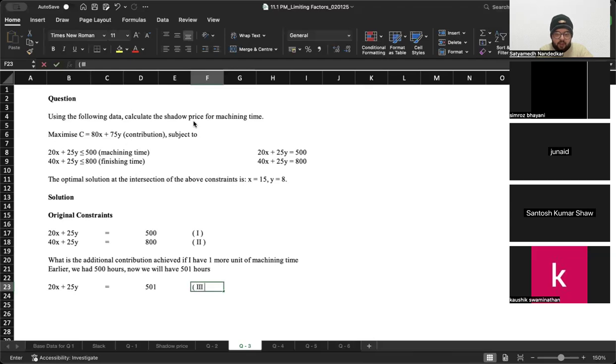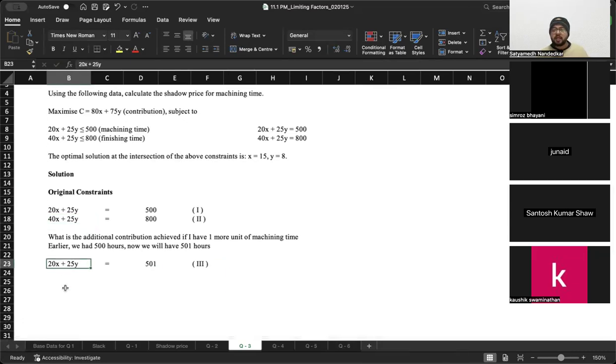This is my equation 3. Now I have to solve equation 2 and equation 3. I can easily eliminate the variable x. How will I eliminate the variable x?